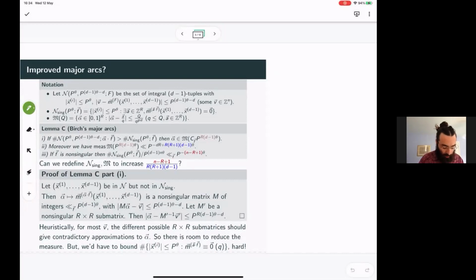So the point is that I'm being a little strategically vague about what I mean by this comment at the bottom here, and indeed I'm not completely certain what the right way to make this into some kind of conjecture would be.